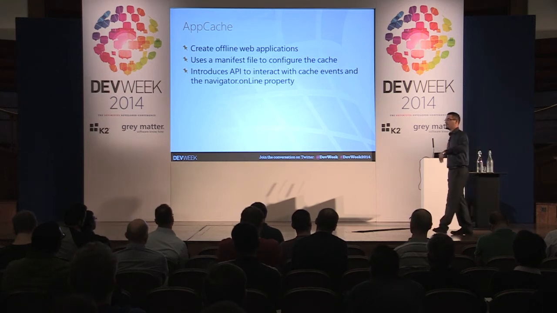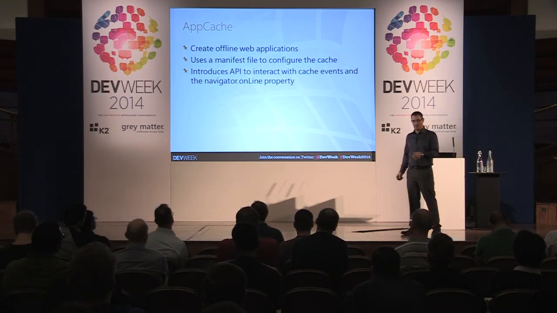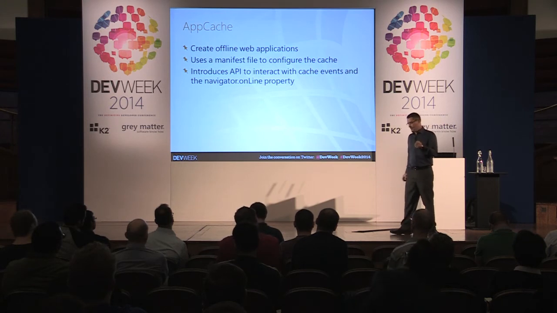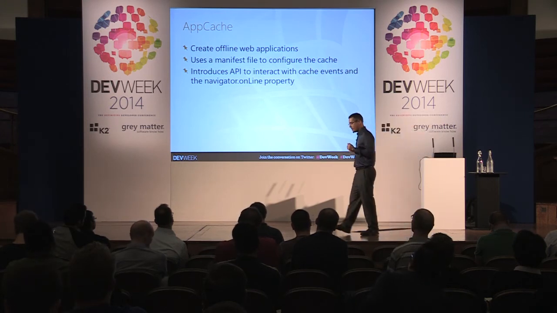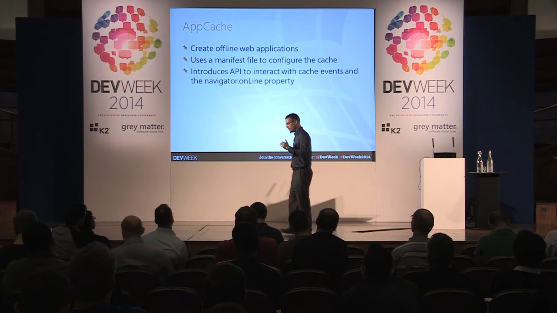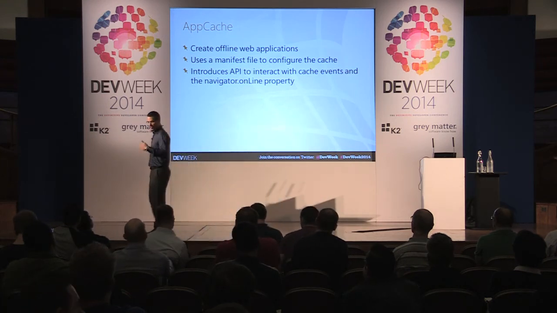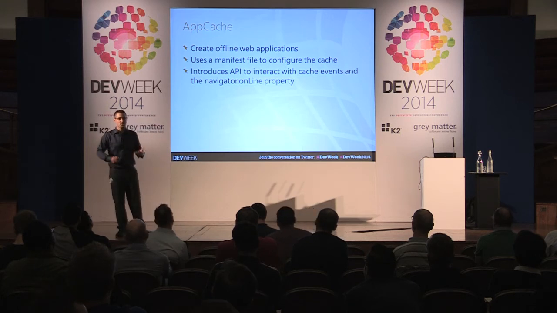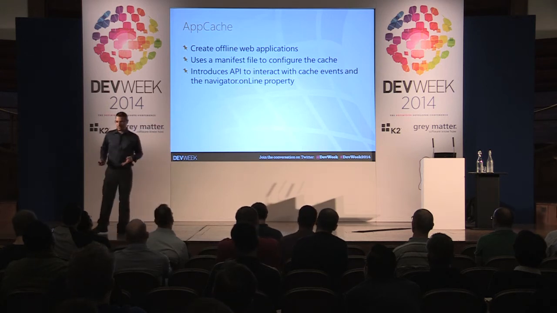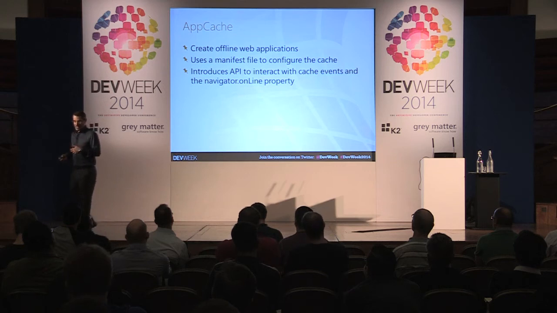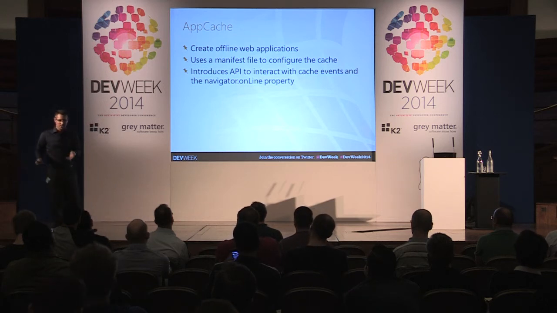The only way to refresh that cache is to change a manifest file which exists on the server side. So if the manifest file, which is part of the specification, changes, then the cache will refresh on the client side. Saying that, of course, you understand that you have a manifest file on the server side.